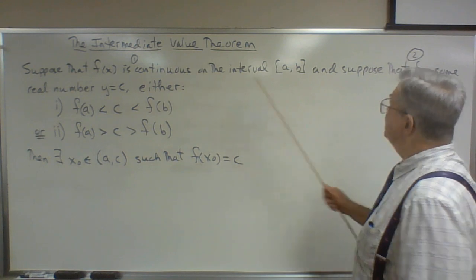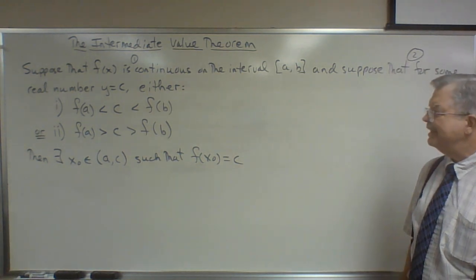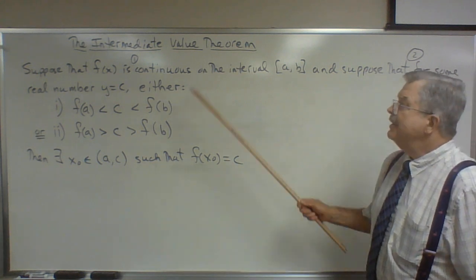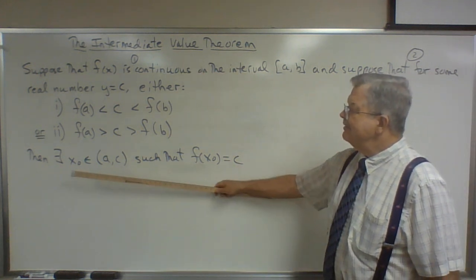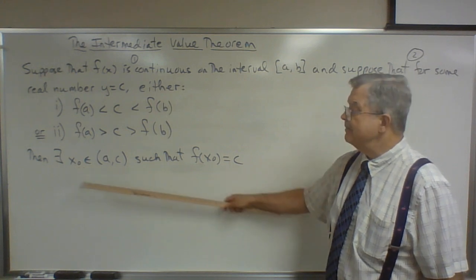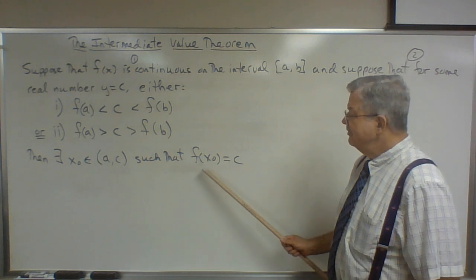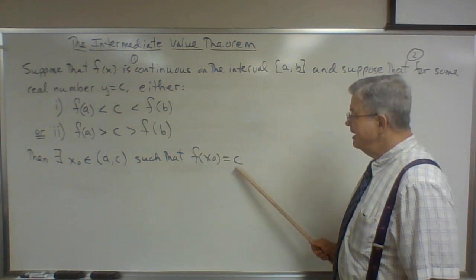If these two conditions in our hypothesis are satisfied, then the intermediate value theorem guarantees us that there's some x value, x naught, between a and b, such that f of x naught equals c.